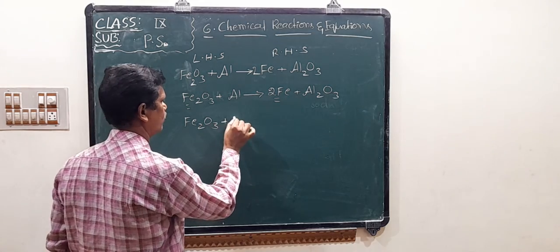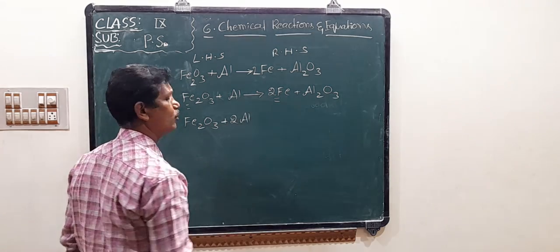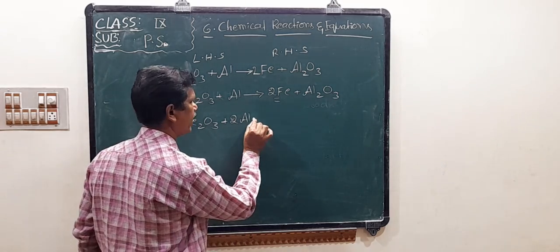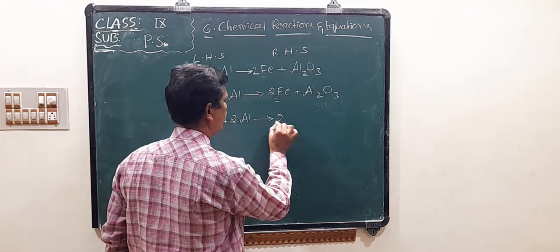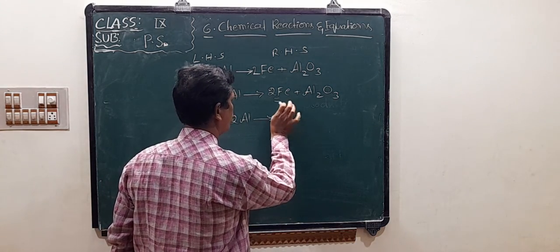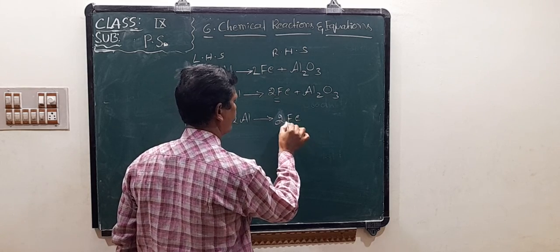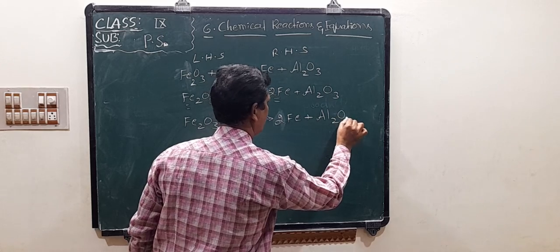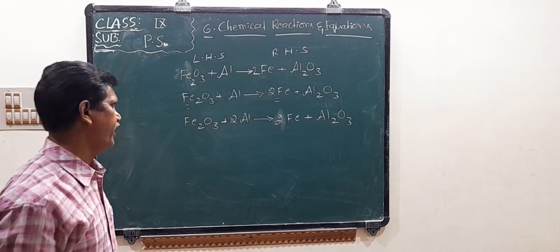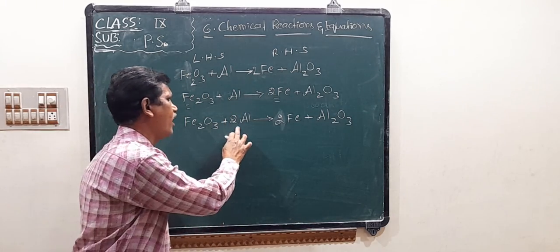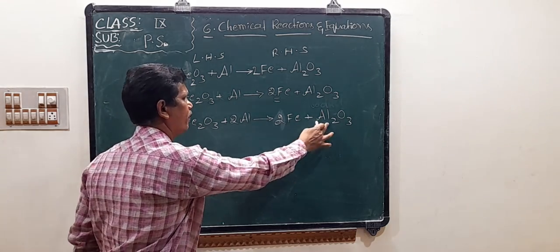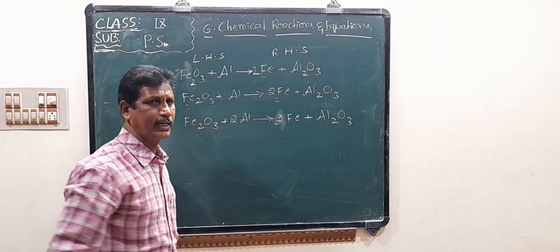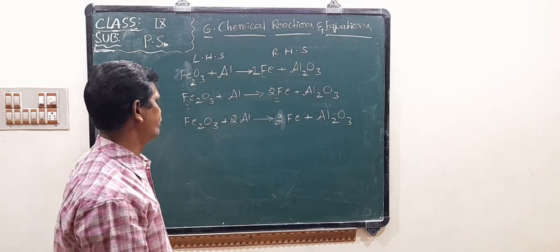Fe2O3 plus 2Al gives 2Fe plus Al2O3. So aluminum atoms are also balanced on both sides.